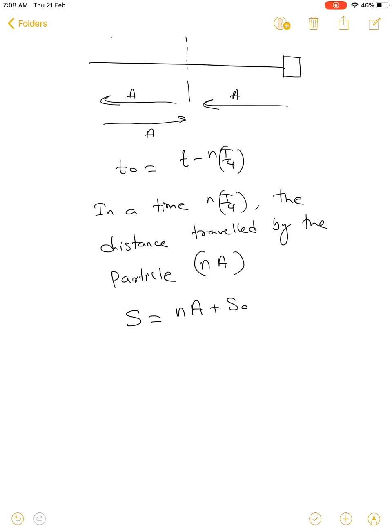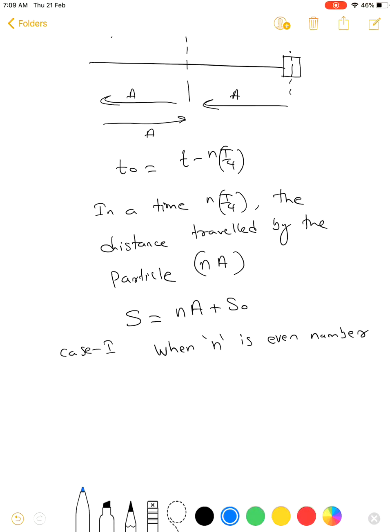In case 1, when n is an even number: if n is 0, the particle will be at its extreme position, and if n is 2, the particle will be at the other extreme position. If n is 4, the particle will be at the right extreme position, like that.